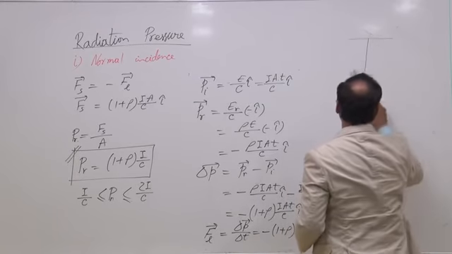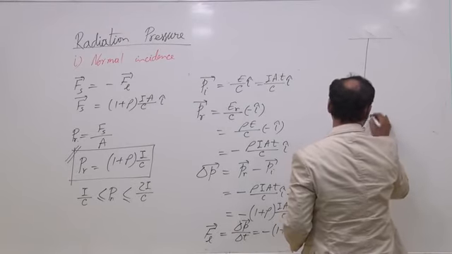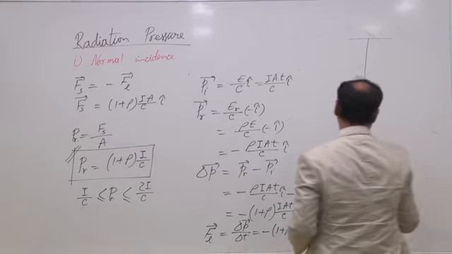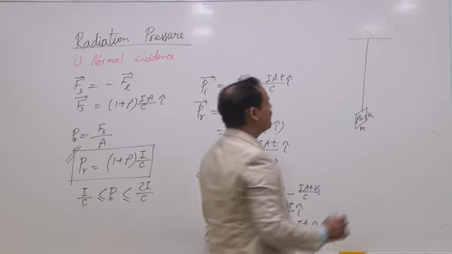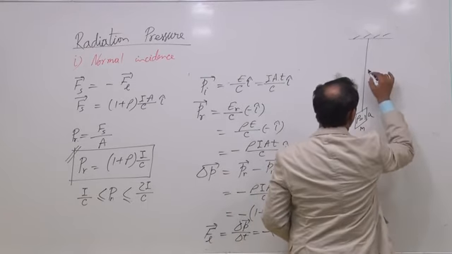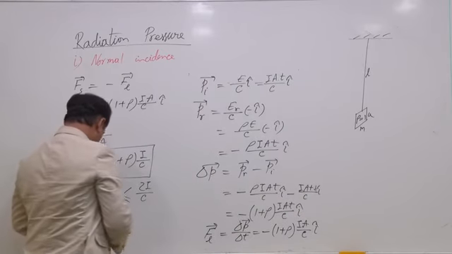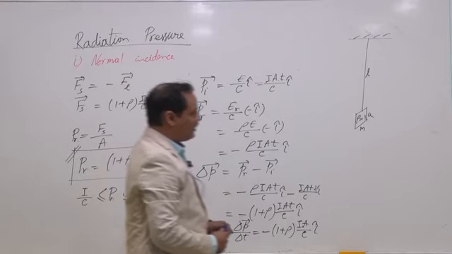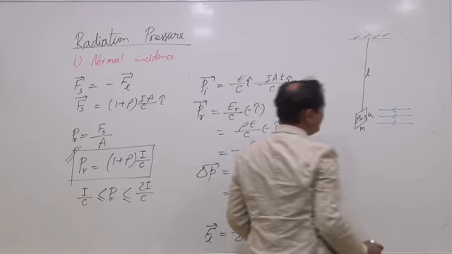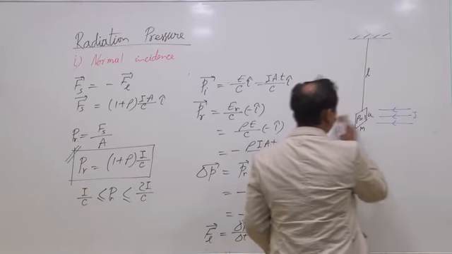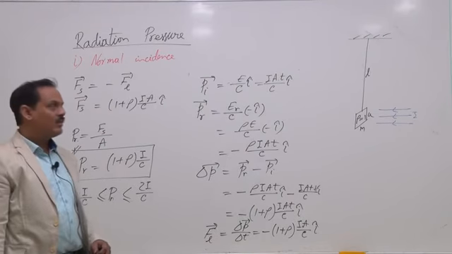A perfectly reflecting small square mirror of mass m and sides A, where perfectly reflecting means rho is equal to 1, is hanging from the ceiling. The length of the thread is L. A parallel beam of light in horizontal direction having intensity I is incident normally on the surface of the mirror.